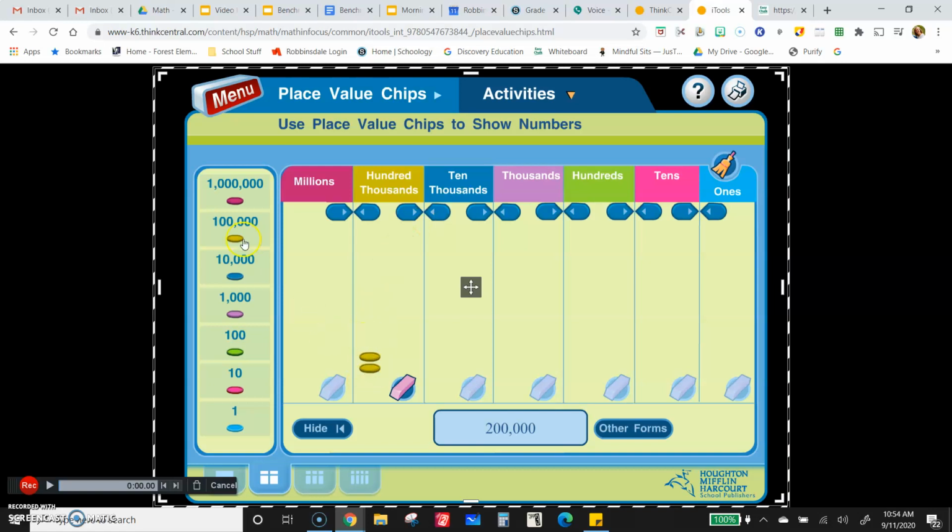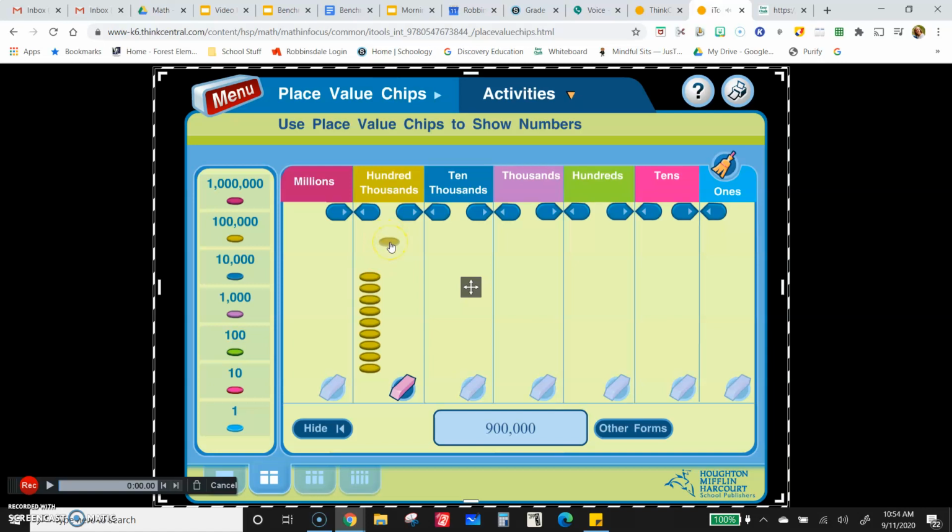Now we already have 200,000, so let's keep counting by 100,000s. So 200,000, now we have 300,000, 400,000, 500,000, 600,000, 700,000, 800,000, 900,000.